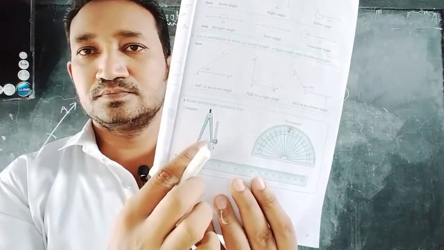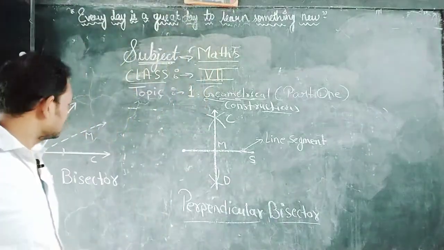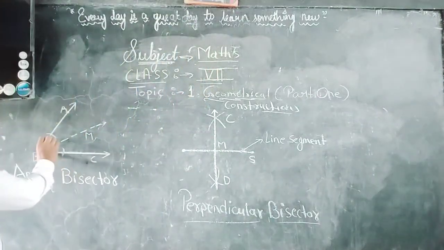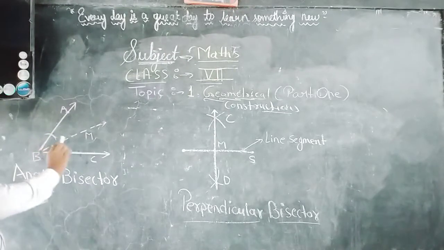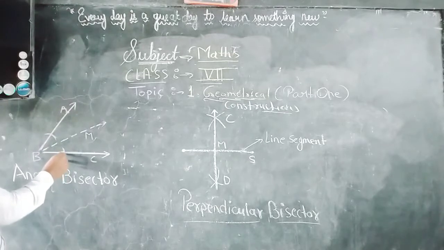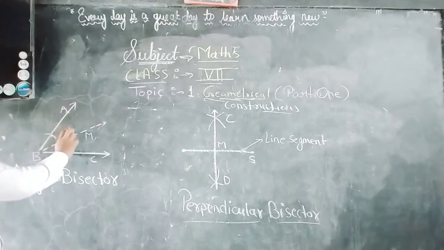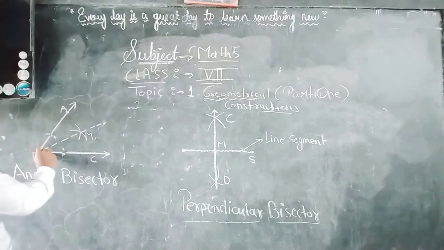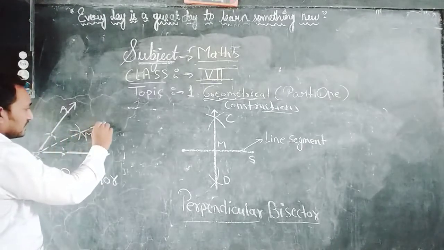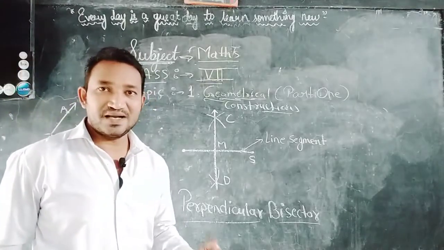Adjust the pencil here, and keep it here and here. Now take the distance of these points 1 and 2 and make one arc from this side and another from this side, and draw the ray over it. This is called an angle bisector.